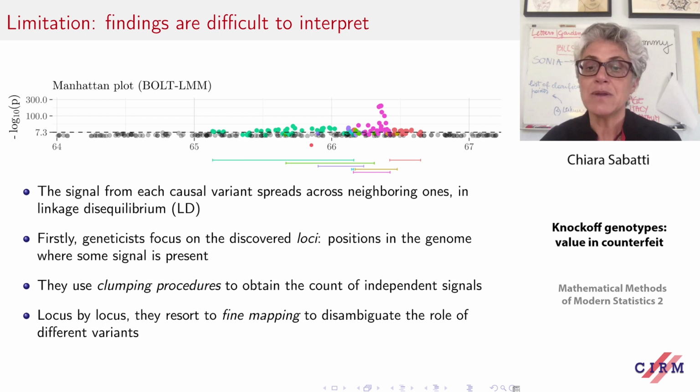So when we do a univariate test like the one we have described, all of the SNPs in a neighborhood will show up as significant. So in order to interpret how many real findings we have across the genome, geneticists first focus on loci. That is, they might say, well, in this area around megabase 66, there is something going on for height.